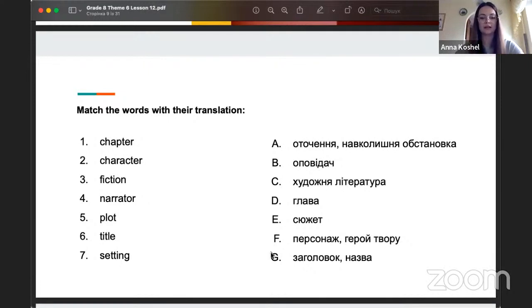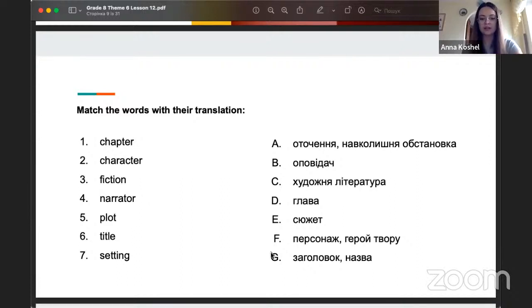So let's think, now knowing the translation list and seeing the words on the left, which translation on the right can we match to the word chapter. So what is a chapter? Let me explain it in English so that maybe it will be easier for you to understand what it is in Ukrainian.